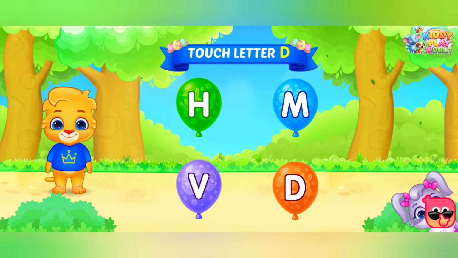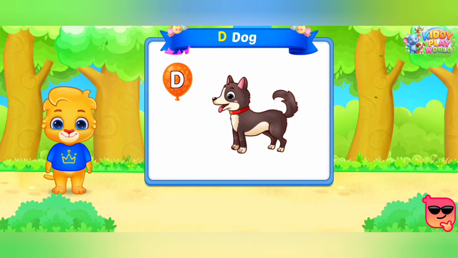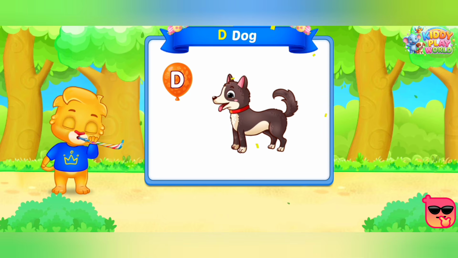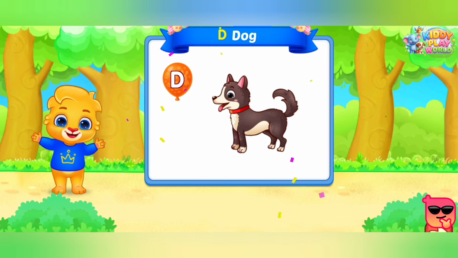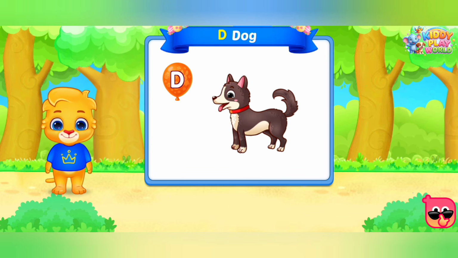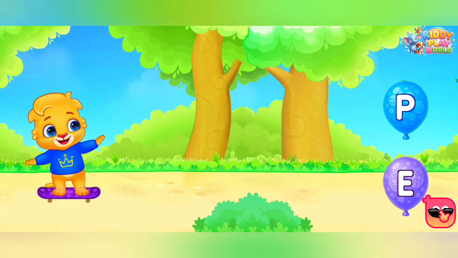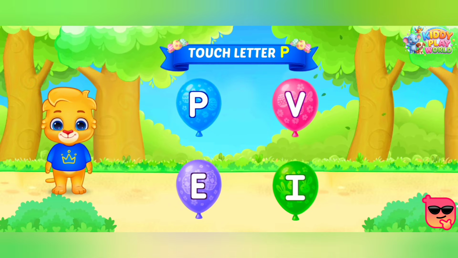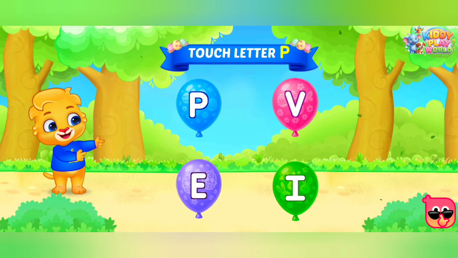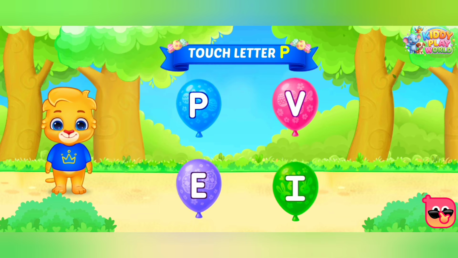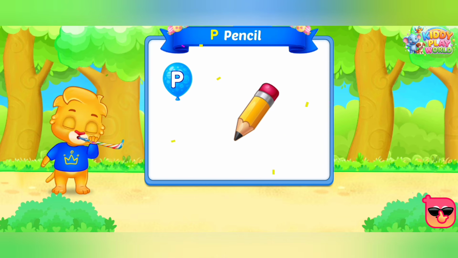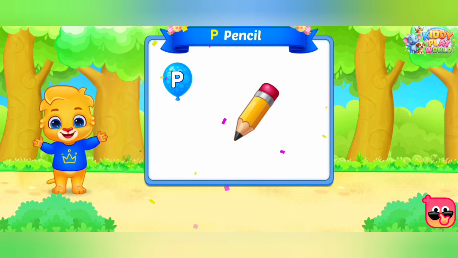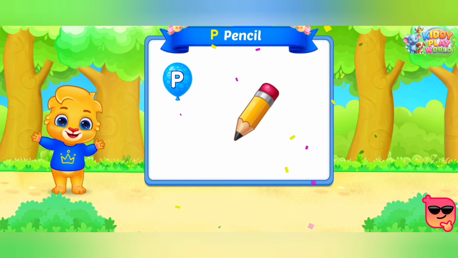D. D is for dog. Touch letter. P. P is for pencil.